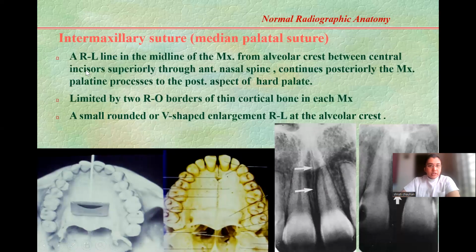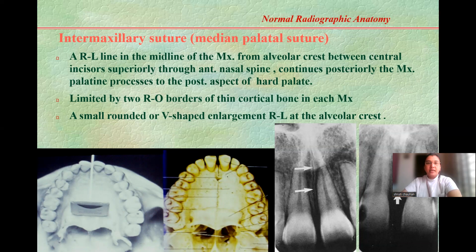Intermaxillary suture is a radiolucent line in the midline of the maxilla from the alveolar crest between the central incisors superiorly through the anterior nasal spine. It continues posteriorly through the maxillary palatine processes till the posterior aspect of the hard palate.